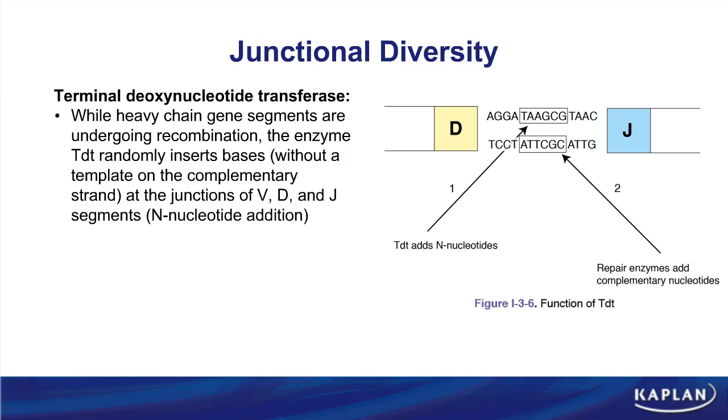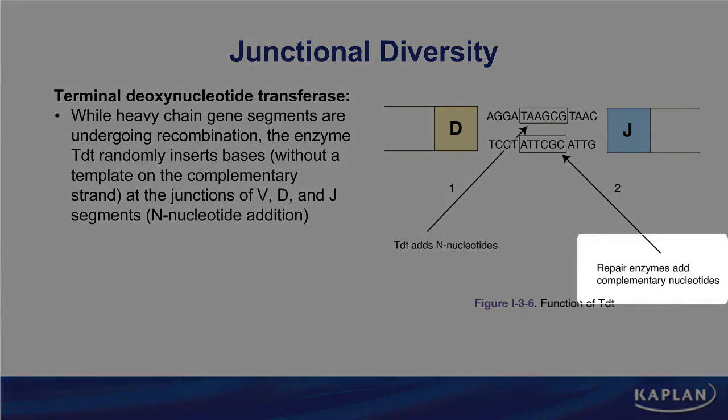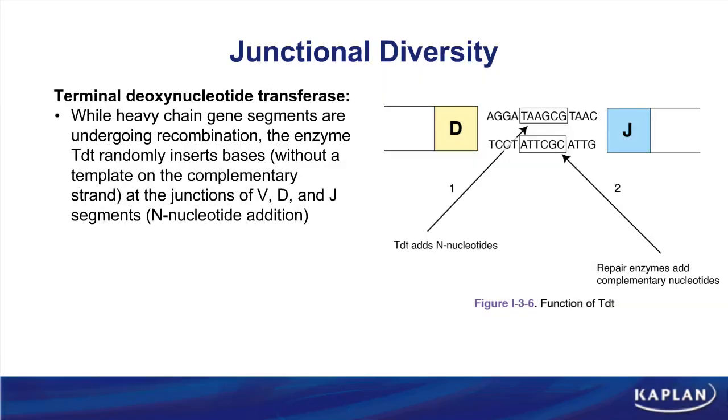When TdT does that, repair enzymes will fill in the complementary nucleotides, and we've altered the gene sequence, which eventually will alter the amino acids found within that variable region, which changes up the binding specificity, or at least has the potential to do so.